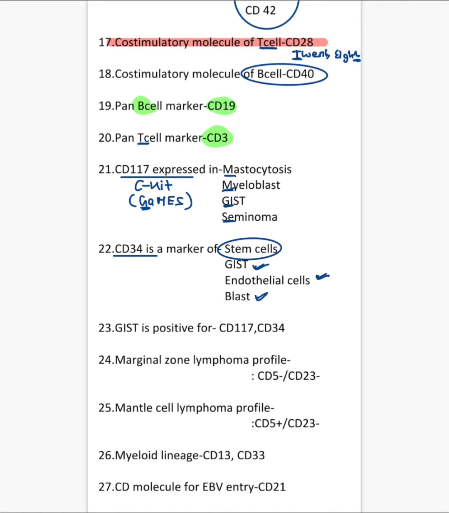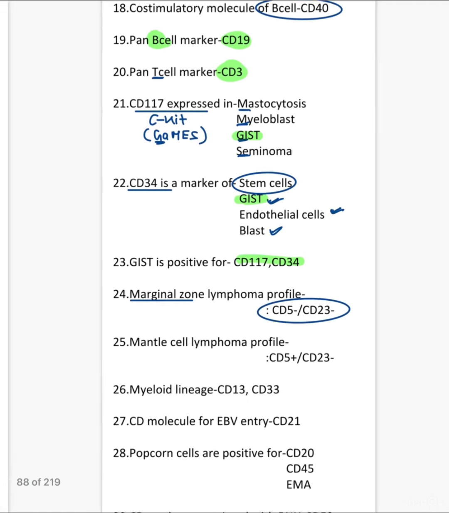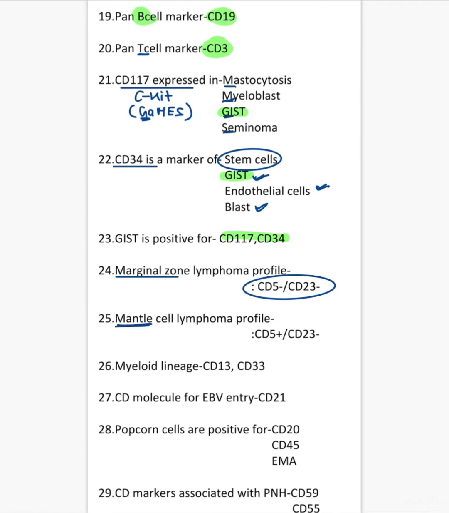Then GIST is positive for, you can see GIST comes at both of the places, guys, CD34 and c-kit, so this is positive for both. Then coming to your lymphoma thing, guys, marginal zone, so both are at the extremities, so we'll put both negative, guys, CD5 negative, CD23 negative. Then coming on to your mantle cell. Okay, and what is the translocation in marginal zone, guys?